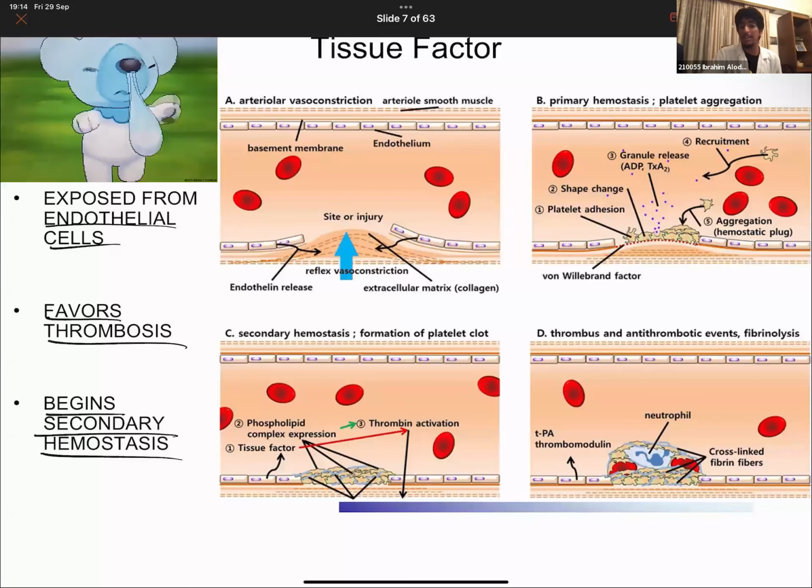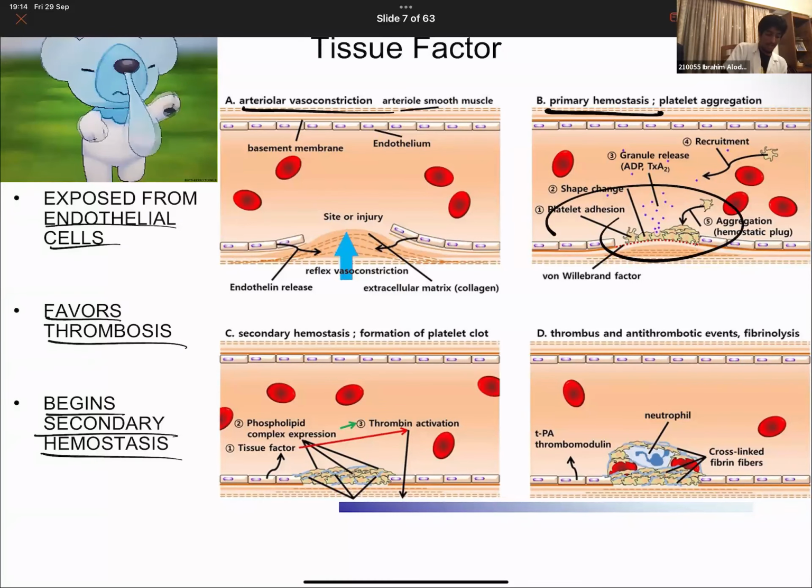And here's just the really general steps of the whole entire thing. Remember, we said there's an injury, so you're going to have reflexive vasoconstriction, right? Then you're going to start primary hemostasis by forming this platelet plug. Then you're going to have secondary hemostasis, which we're going to talk about. And then after the plug is formed, you have to get rid of the plug, so we're going to have something called fibrinolysis.